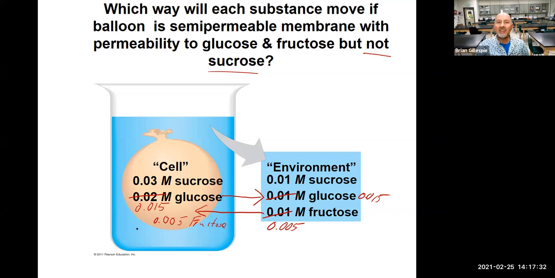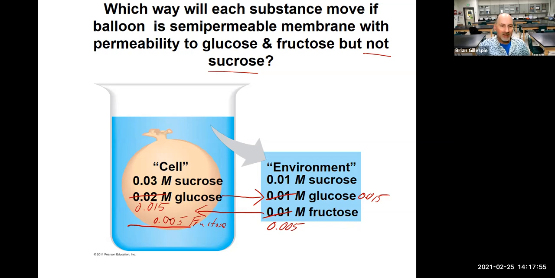Well, it doesn't matter what all of the individual concentrations are. As far as water is concerned, we have to add up the total solute concentration to see what's happening inside the cell, and then compare that to the total solute concentration outside of the cell.